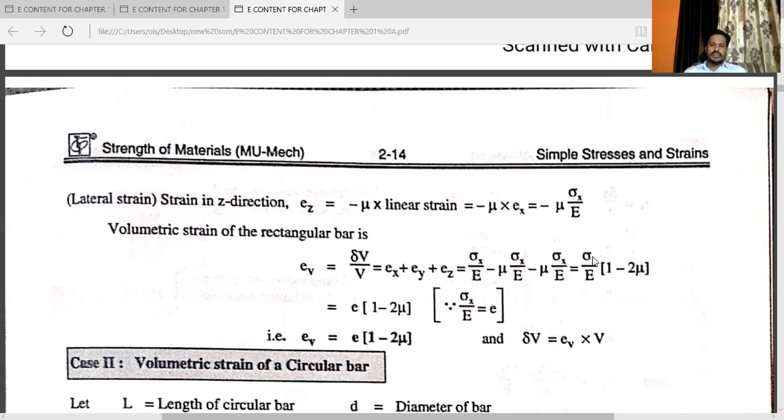So here sigma x upon E is nothing but Ex. So here Ex into in bracket 1 minus 2 mu, bracket complete. So here EV, means volumetric strain, is equal to Ex into in bracket 1 minus 2 mu, bracket complete.